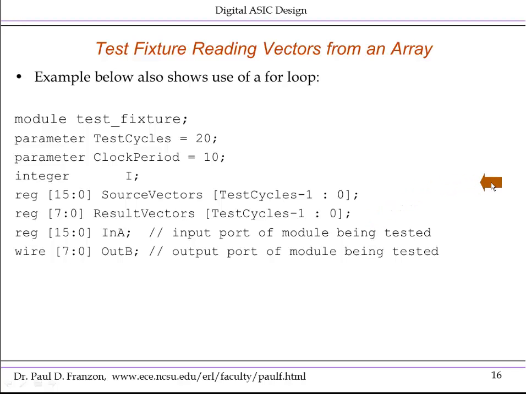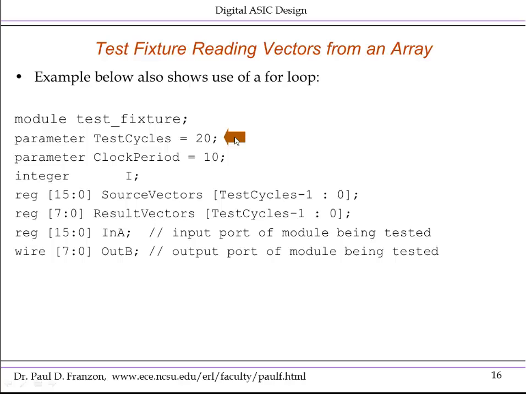Quite often, you want to apply a series of test vectors to a particular input of one design. It is very useful to store these in arrays of vectors. You might recall we saw this in the register file example. What we have here is an array of source vectors, each 16 bits wide, and we have test cycles of them.